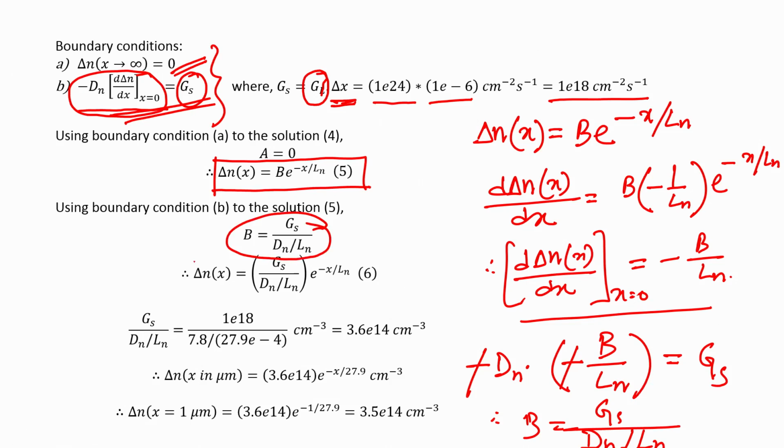So, now we get the excess carrier concentration profile, that is the spatial distribution of the excess electron concentration, given by this expression.